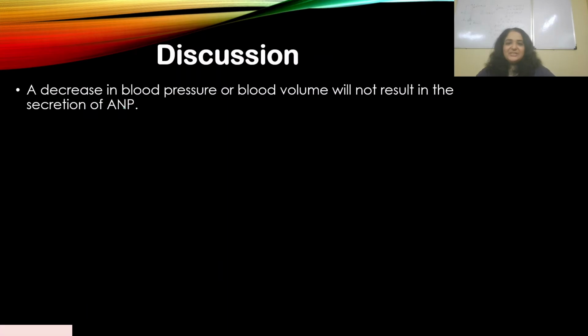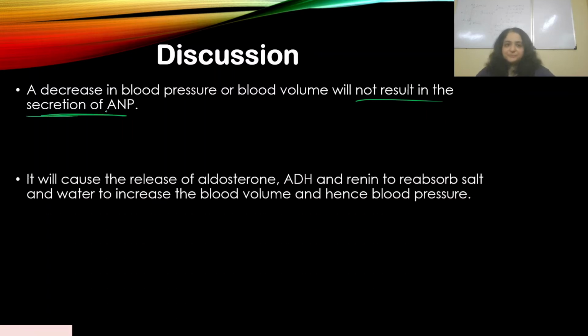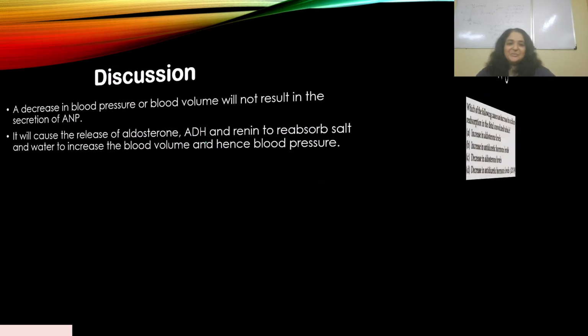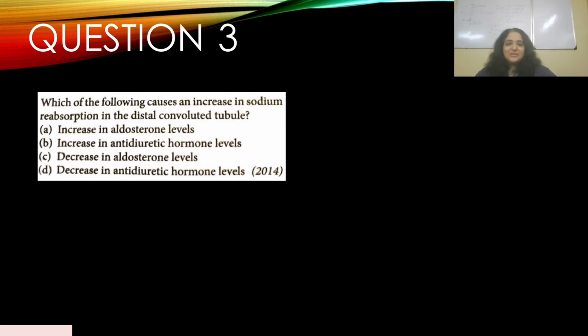A decrease in blood volume will not result in the secretion of ANP. On the other hand, it will cause the release of ADH, aldosterone and renin to reabsorb salt and water. Okay, so clear? Move on to the next one.